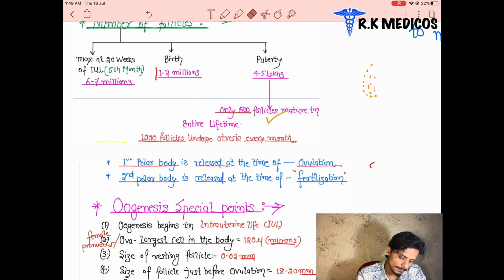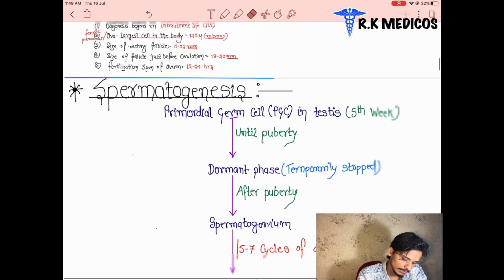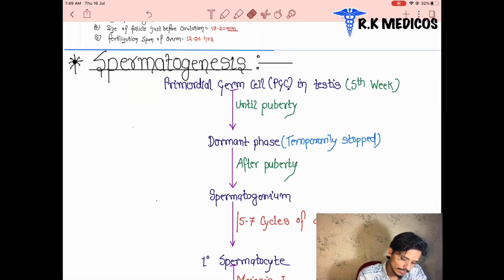Next, spermatogenesis, the synthesis of sperm or spermatozoa. Once again, primordial germ cells are in the gonads, and the gonads in the male are the testis.